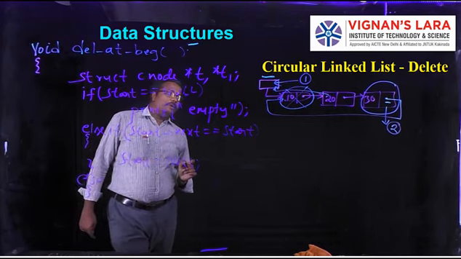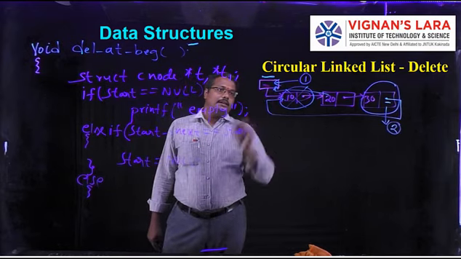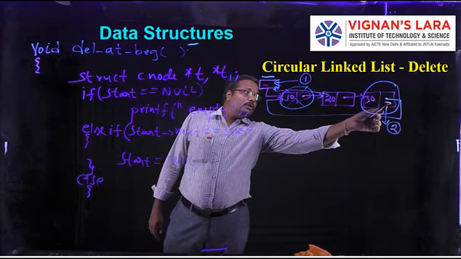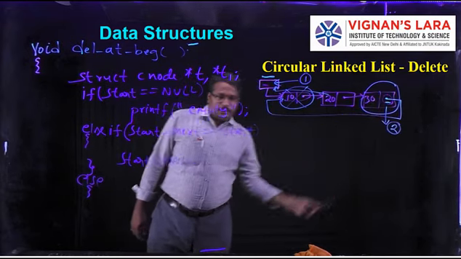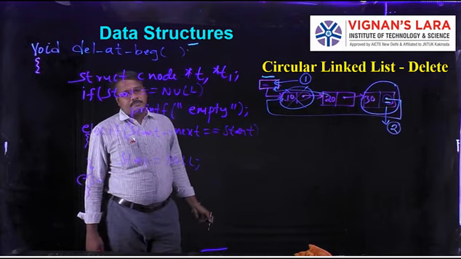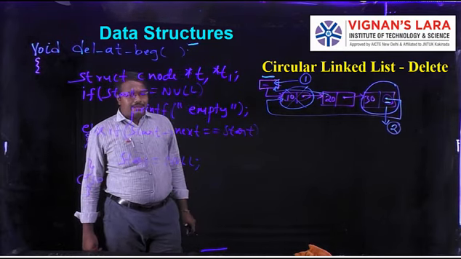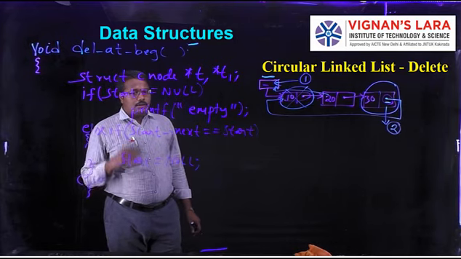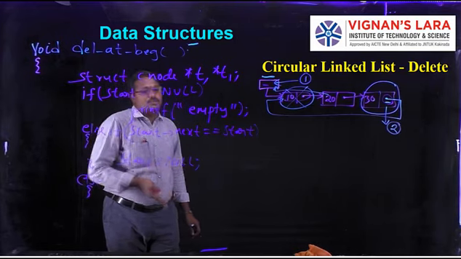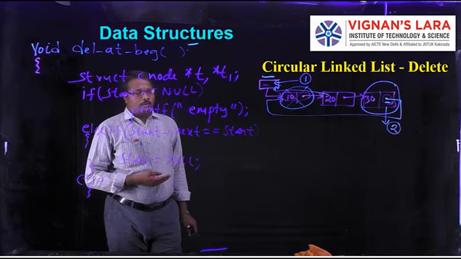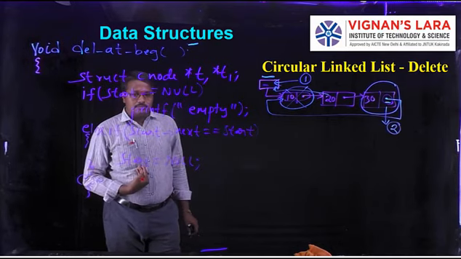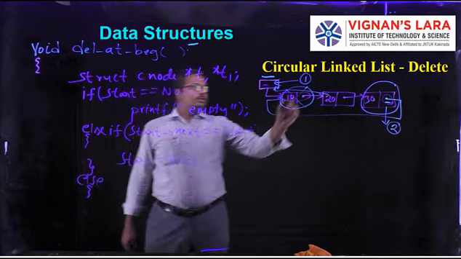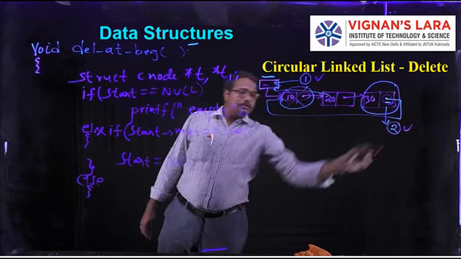Whenever we are changing the starting node address, at the time we are unable to find the last node address. So by using the starting node address, initially I want to find the last node address.